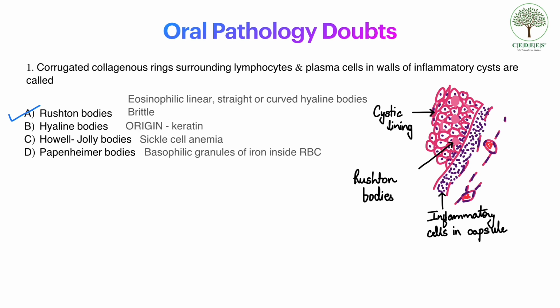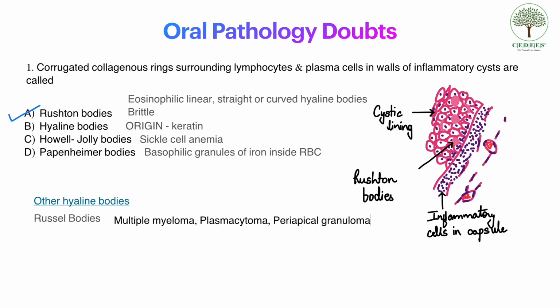Now, though the term has been used interchangeably in Schaeffer's, it's better to go for the specific name, because in pathology there are several other hyaline bodies, like your Russell bodies, which are found in plasmacytomas, multiple myelomas, and periapical granulomas and periapical cysts.